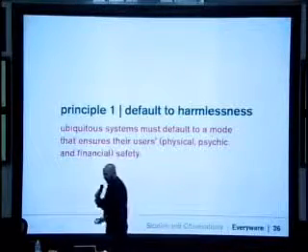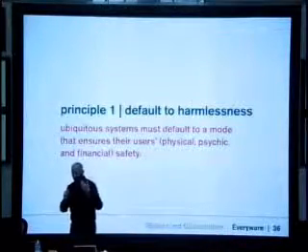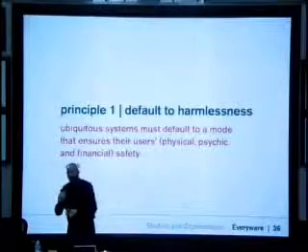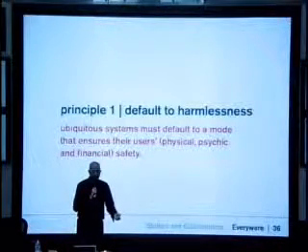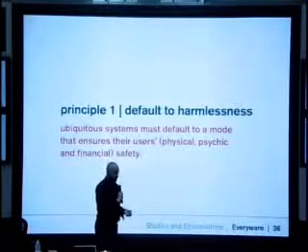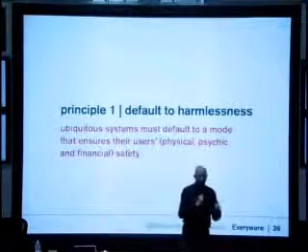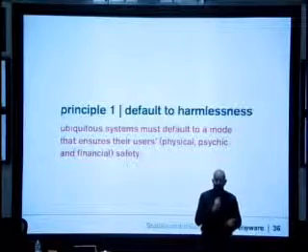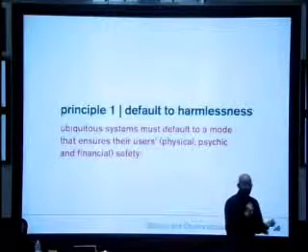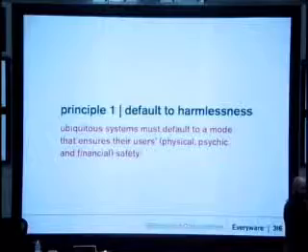And I mean that ubiquitous systems must default to a mode that ensures safety of 3 sorts: physical, psychic, and financial. Now, when I say risk and safe, I am perfectly aware that these are charged terms. Every culture has different levels of the kinds of risk that it is willing to accept. And I'm going to describe very briefly 3 societies that I'm familiar with.